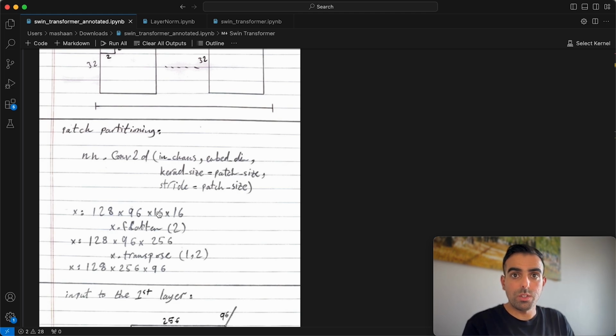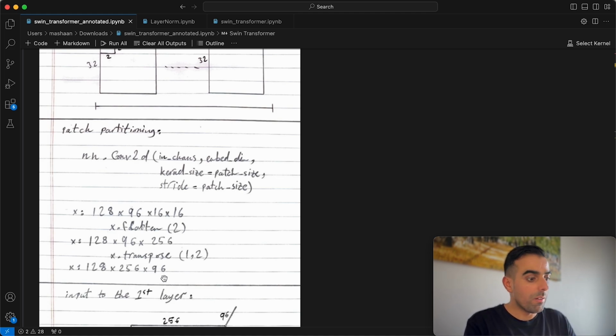And by default, flatten takes the end dimension as -1, which is the last dimension of the multidimensional array. So it will flatten these 2 dimensions, and after flattening these, we will get 256, which is 16 times 16. Then we will transpose 1 and 2, so we move the channel dimension to be the last dimension.